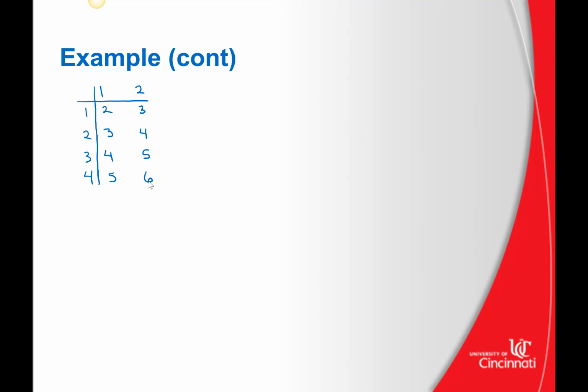It looks like there are 8 of them. You see it? Now you may say, but 5 is up there twice. You're right. There are 2 different ways to get a 5. One is by rolling a 2 and a 3. The other is by rolling a 1 and a 4. Those are different, aren't they?